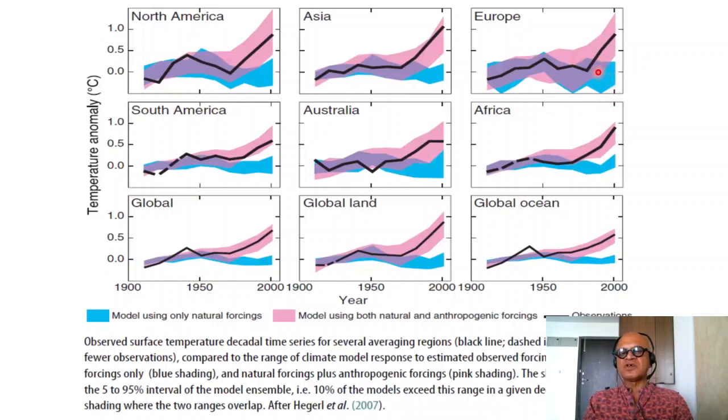Of course, there also the range is large, and the differences between the observed warming and natural counterfactual world are also of different magnitude, and also different on land versus the ocean and so on.